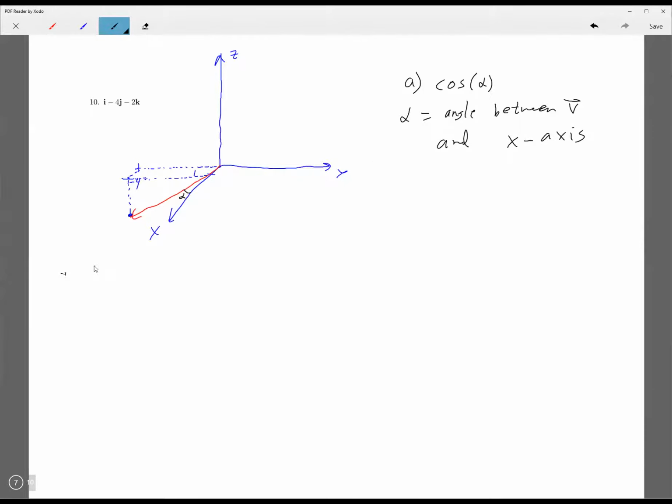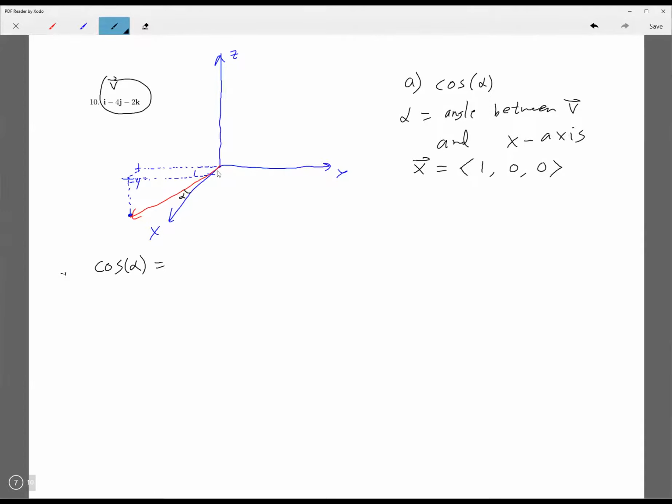So the way that you can do that is, again, we use the same formula. So let's call this vector v, okay? And for the x-axis, we can use this vector here, just 1, 0, 0.